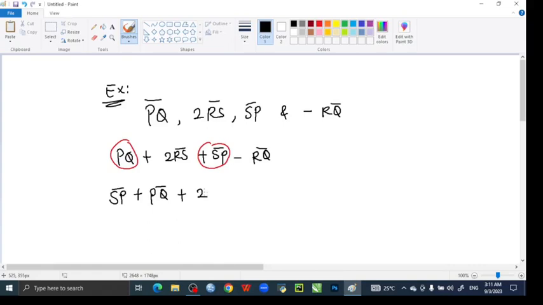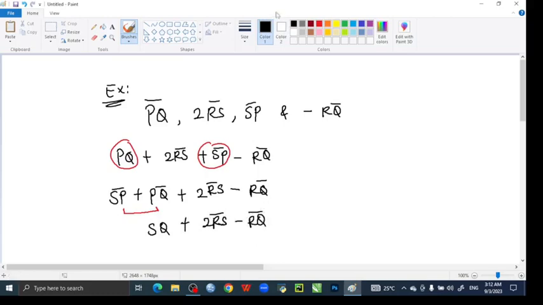That's basically what I'm trying to say. Then I have 2RS minus RQ. Because I'm having P and Q facing themselves here, I can write this as SQ, then plus 2RS minus RQ.